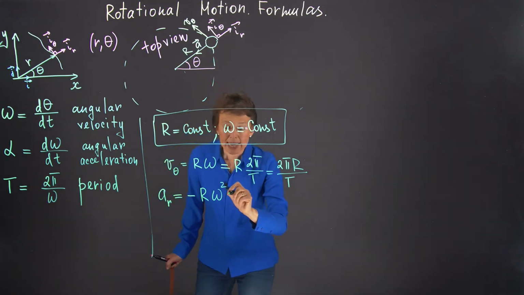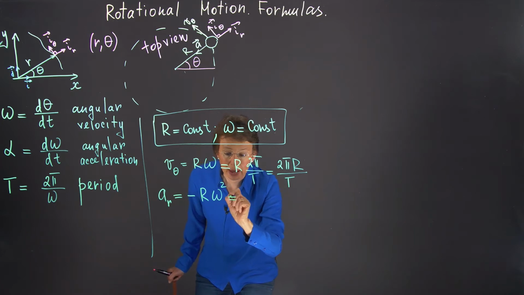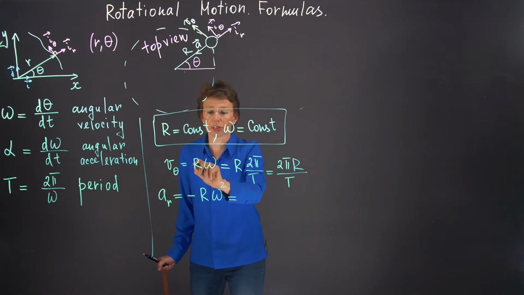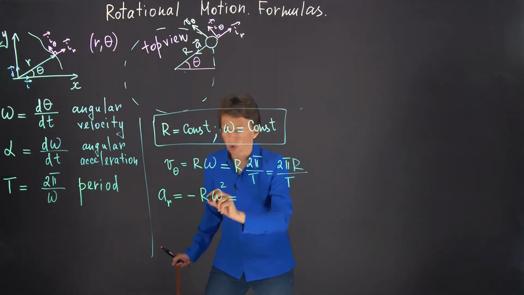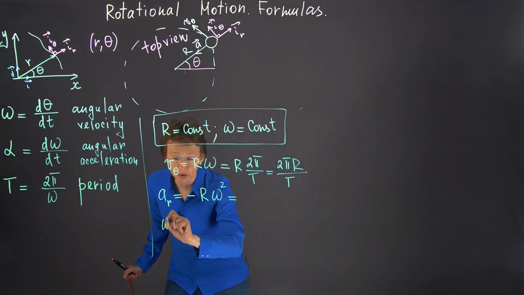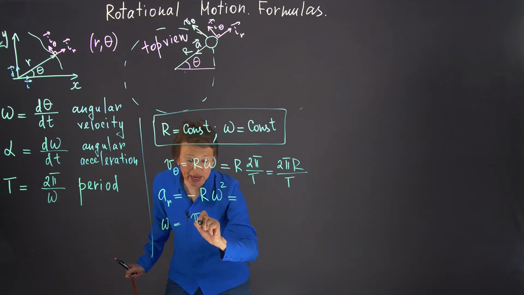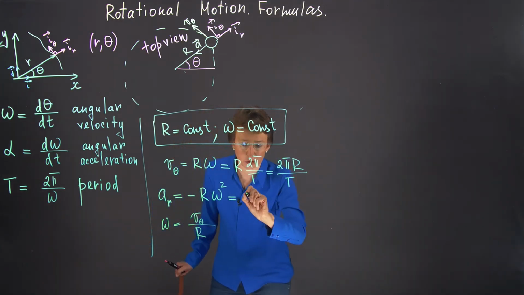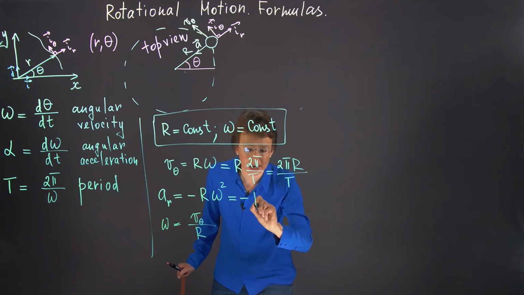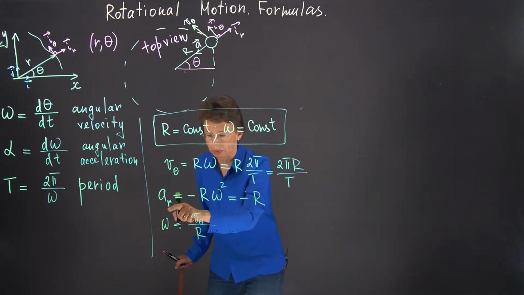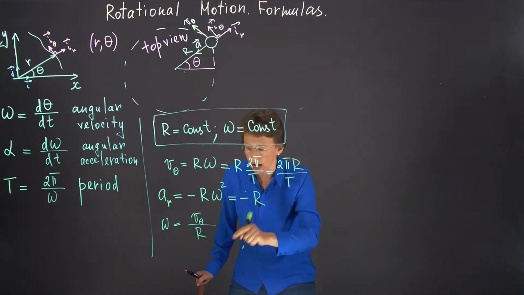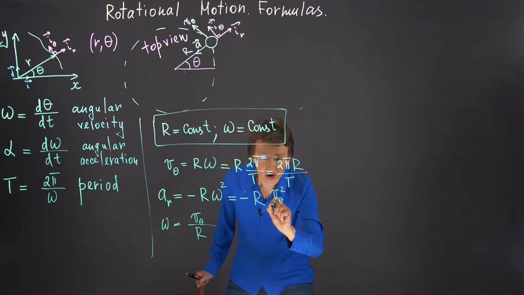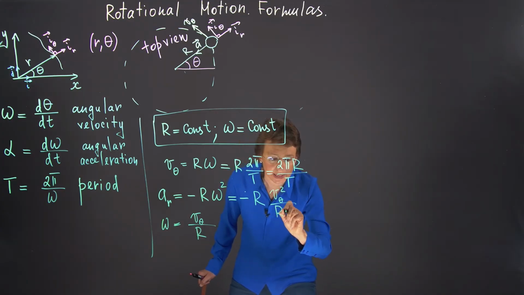Now, if I express omega in terms of linear velocity and radius, omega from this first formula, what is it? It is v theta over r. I bring it here. It will be minus r, again minus because projection is negative, minus r omega squared is v theta squared over r squared.